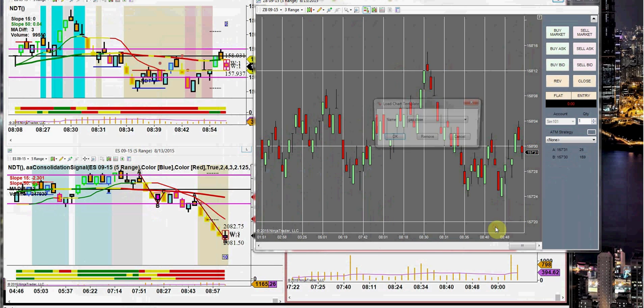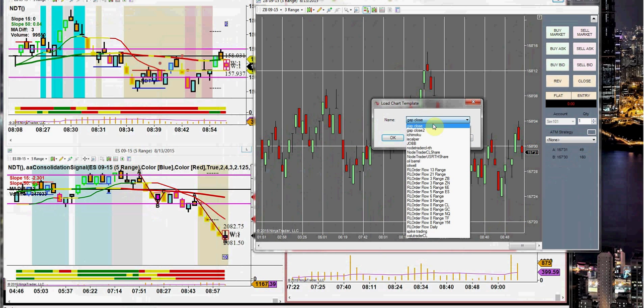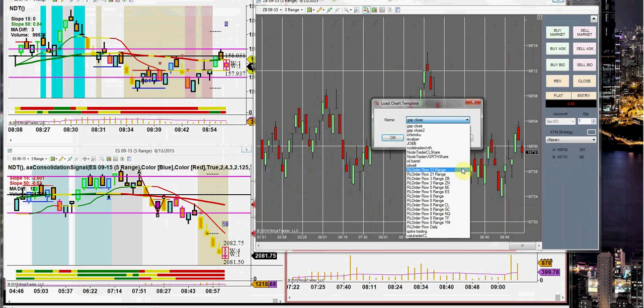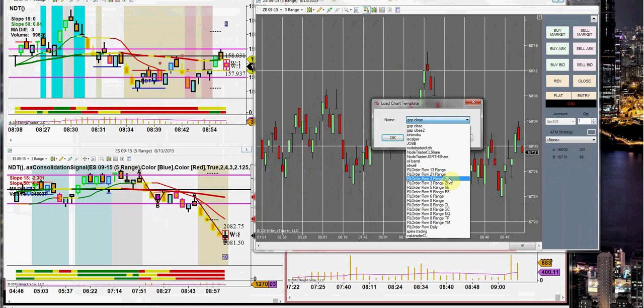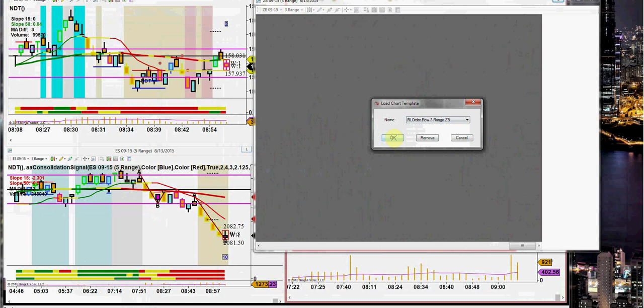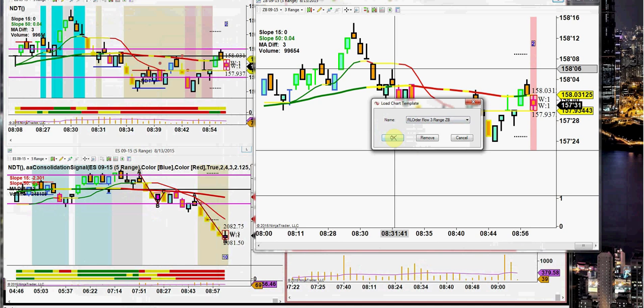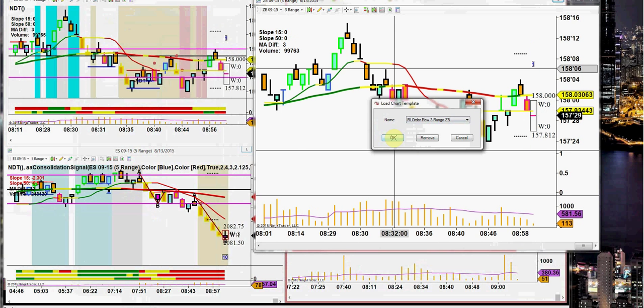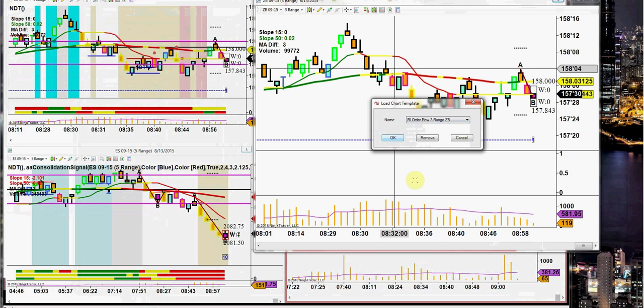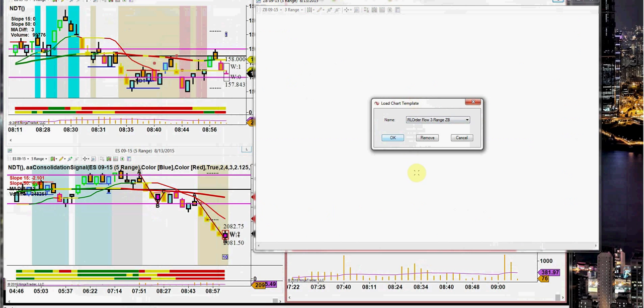Now we can go ahead and load the template. I'll show you guys what they give you in a moment as well. Alright, let's see here. ZB 3 range. Takes a little bit of time for it to load up.